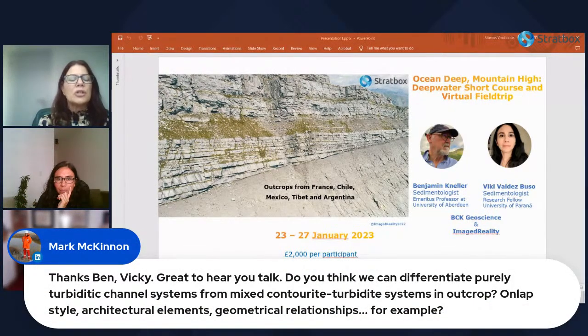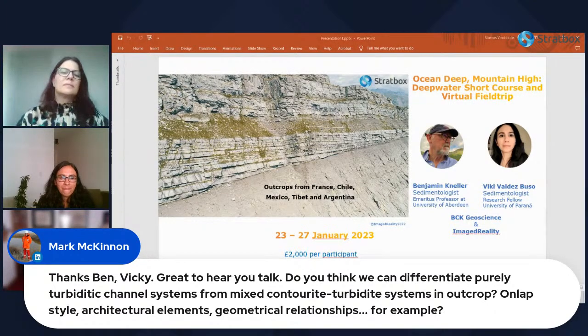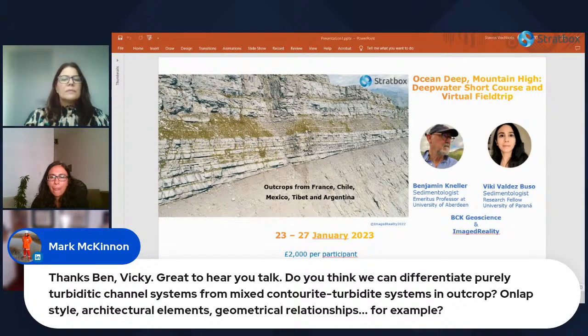Do you think we can differentiate purely turbiditic channel systems from mixed contourite turbidite systems in outcrop on lap style, architectural elements, geometrical relationships, for example? Yeah, that's a good question. It's a very hot topic, and if I'm absolutely honest, I don't think I understand enough about mixed contourite turbidite systems to be able to generalize.